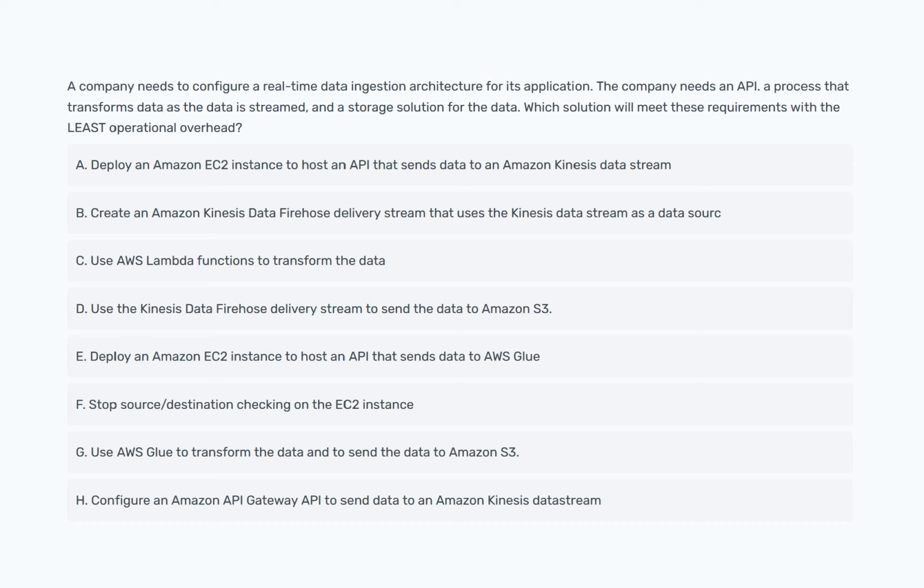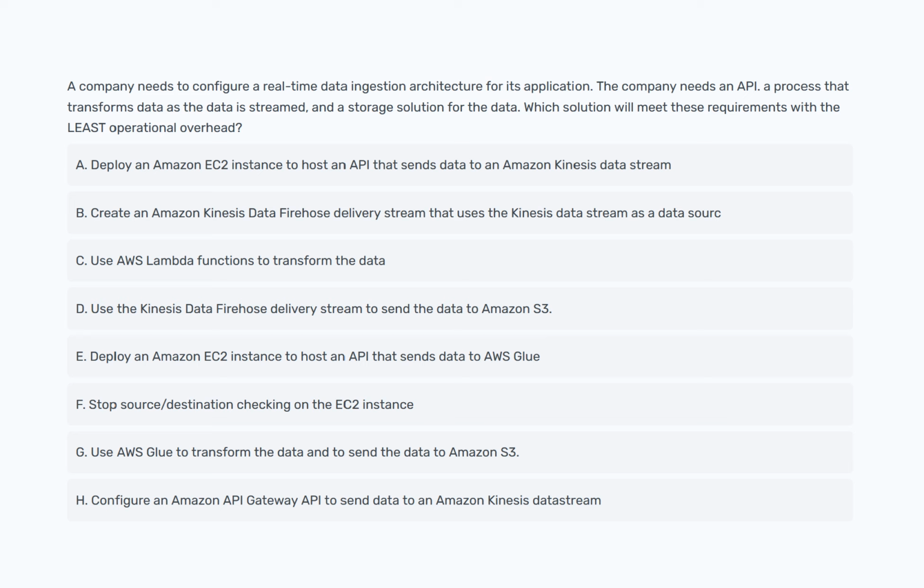So, real-time data ingestion, right? So we're talking about something with Kinesis. So let's have a look where we're talking about Kinesis data stream.